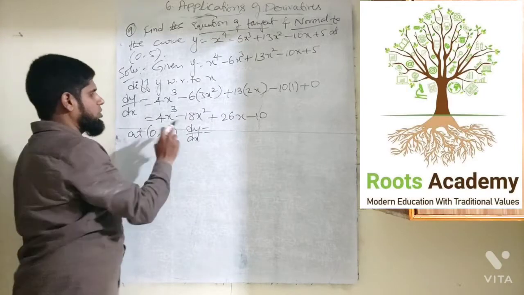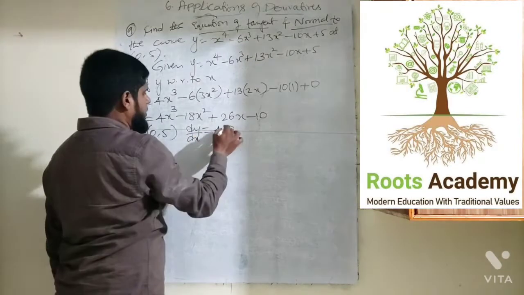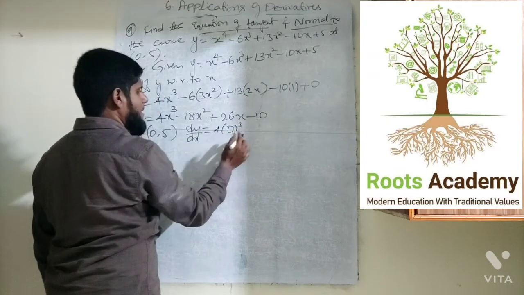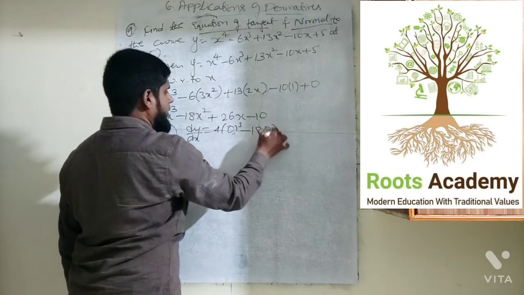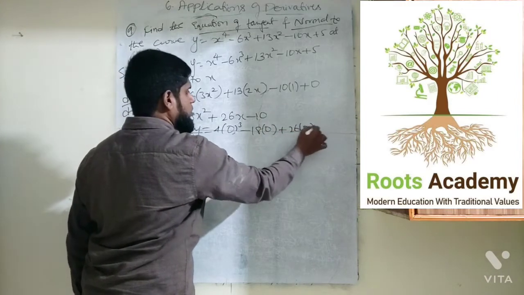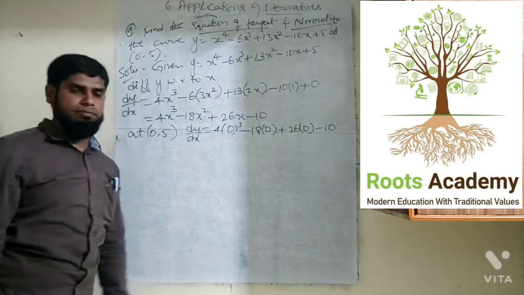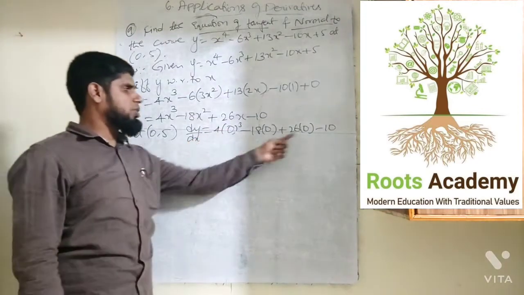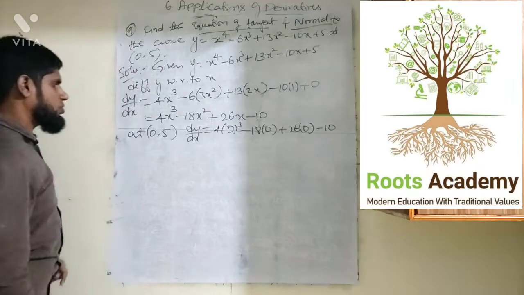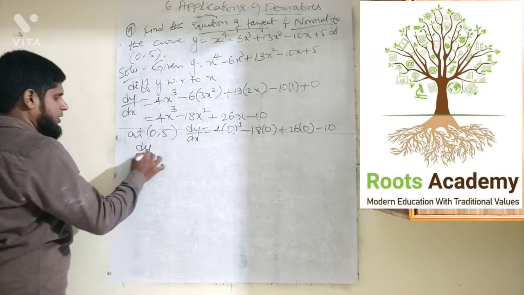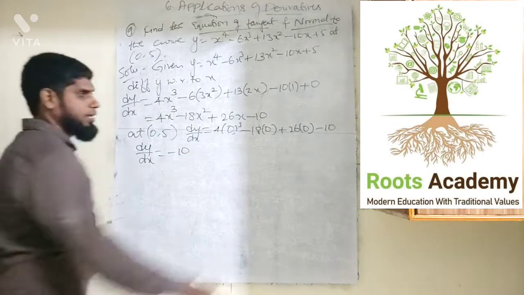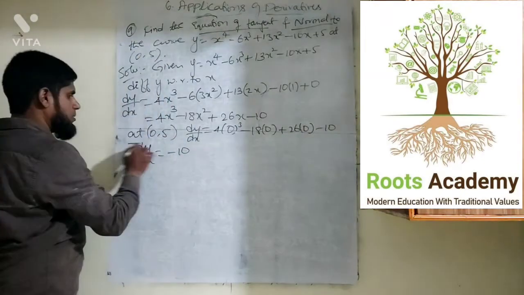So let me put 0. So 4 into 0 cube minus 18 into 0 plus 26 into 0 minus 10. So 0 into anything is 0 here, so these three terms vanish. So finally, my dy by dx is equal to minus 10. This minus 10 remains.